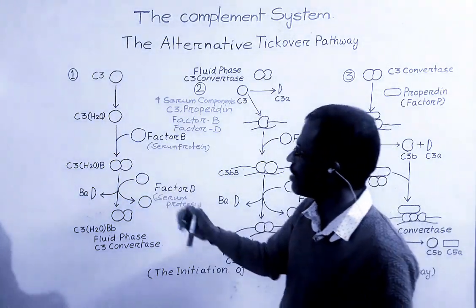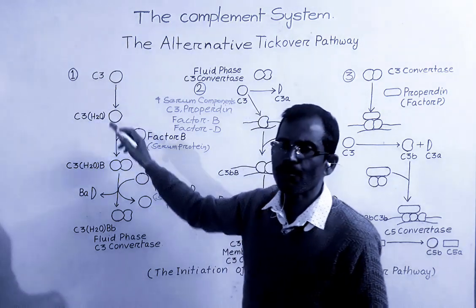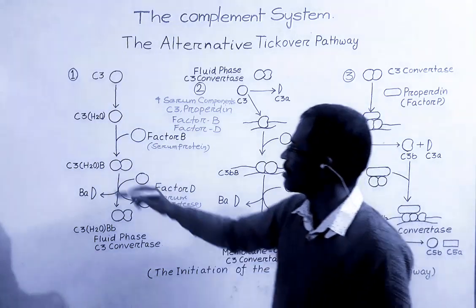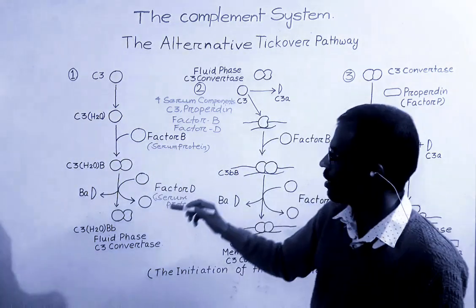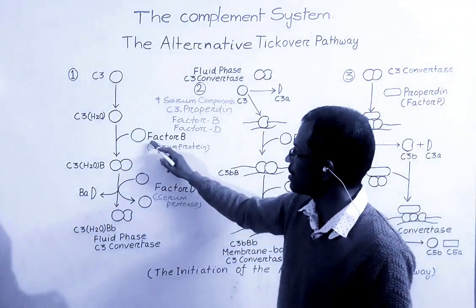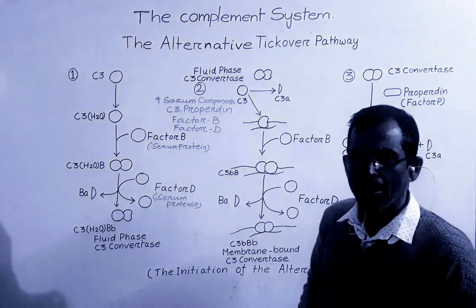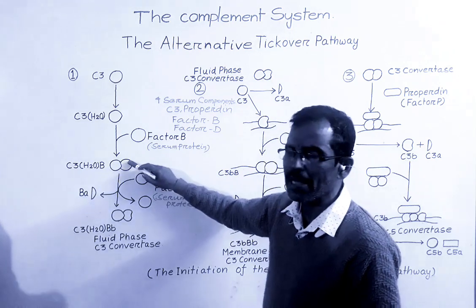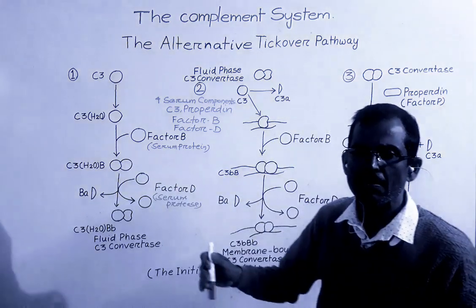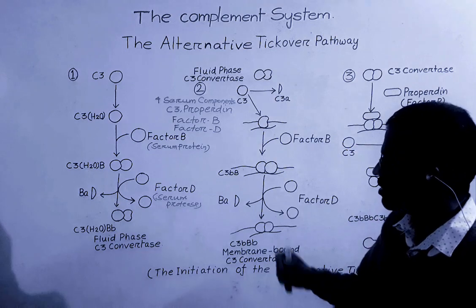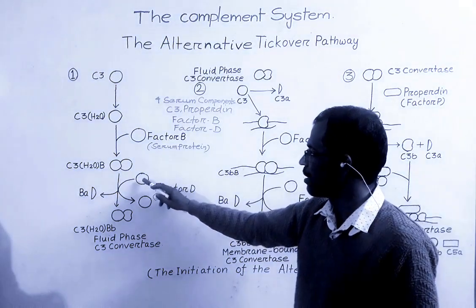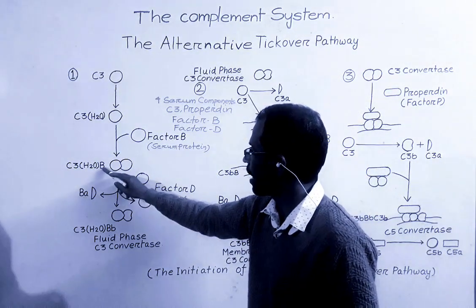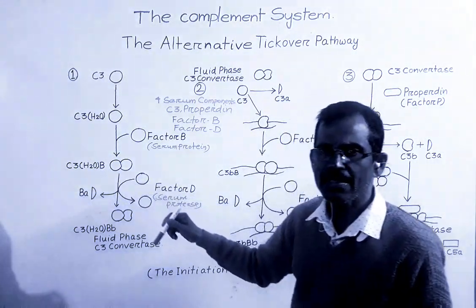This process yields C3H2O. In the presence of serum magnesium, C3H2O binds with a serum protein known as factor B. By binding with C3H2O, factor B becomes susceptible to hydrolysis by a serum protease known as factor D. So, factor B is hydrolyzed into two fragments.